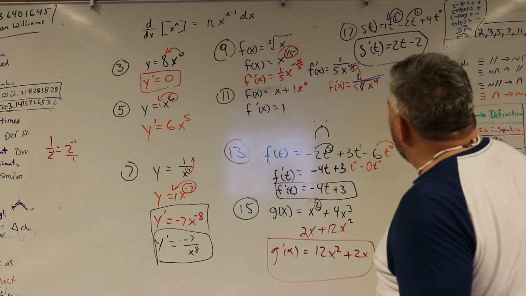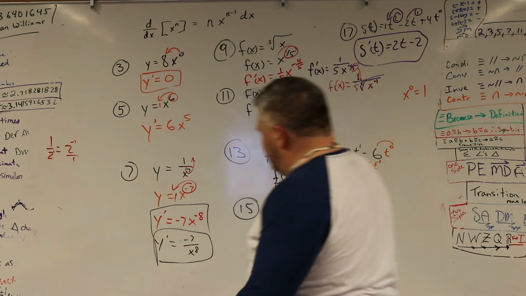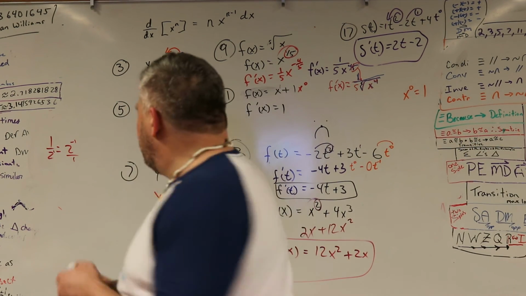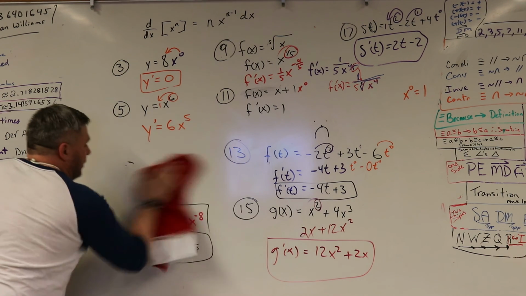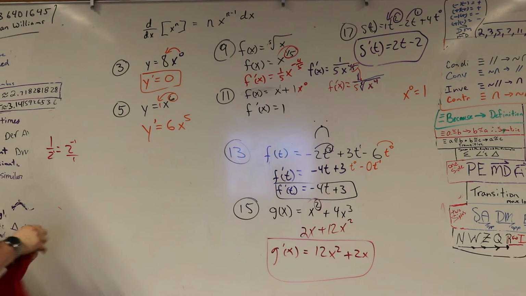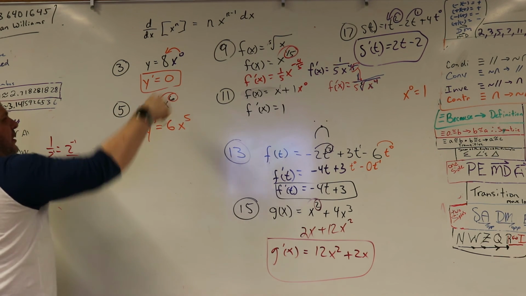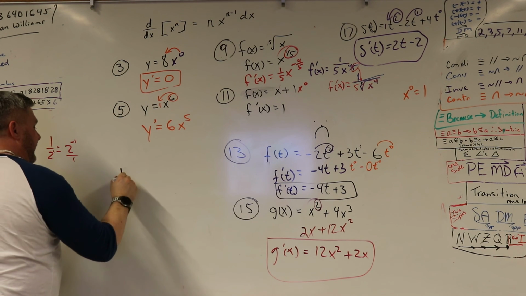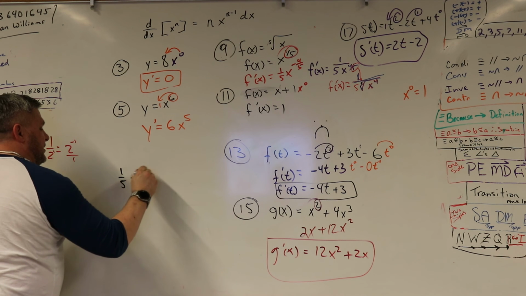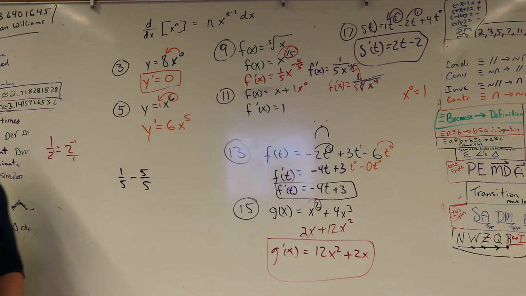4/5. So again, let me erase part of this, right? To get 4/5, we have 1/5 minus 5/5, right?